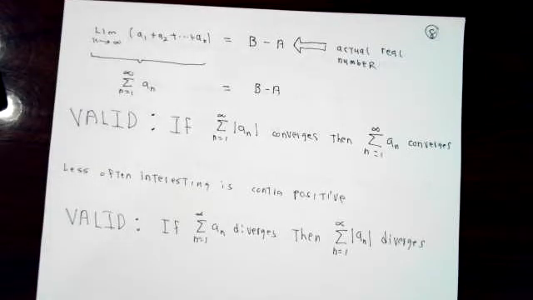That's 100% guaranteed. The contrapositive is if the original series diverges, then the absolute value series diverges as well. This is less useful than the first one, but it is a valid line of reasoning.